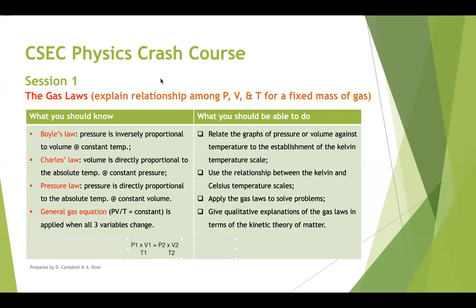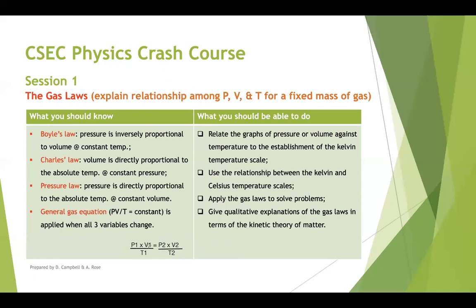So if you're told that there is constant pressure, then you can just simply cover up P1 and P2 and you'd end up with Charles' law, which is V1 over T1 equals V2 over T2.